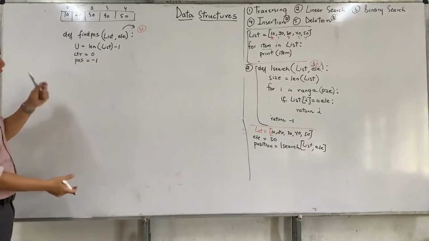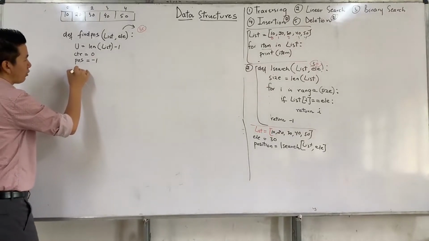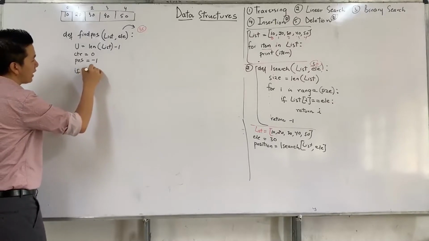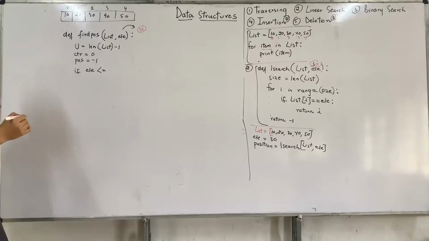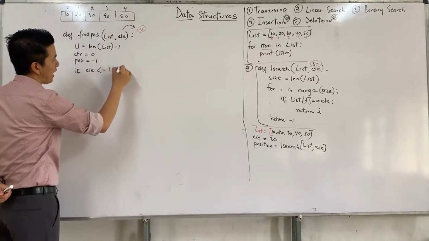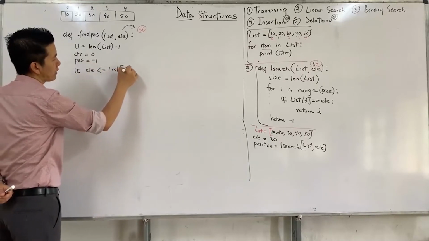To start off, if the element to be inserted is less than or equal to the first element of the list, which could be accessed as list of 0 or list of CTR.